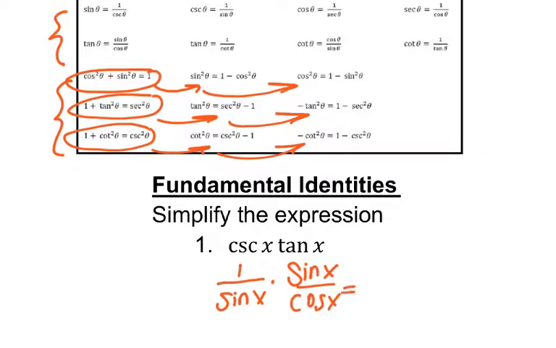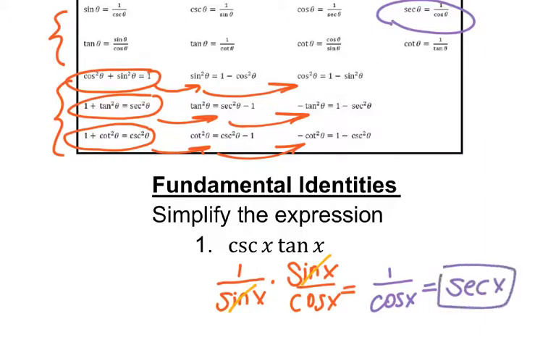Now, once we do this, we can use our algebra skills and cancel out the numerator and denominator of those fractions, and we'll end up with 1 over cosine x, but we're not going to leave it like this. We're going to look at one of our identities up above. It looks like 1 over cosine x is equal to secant x, and that would be your final answer.